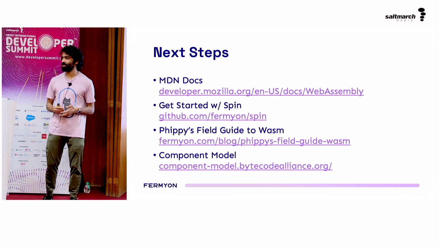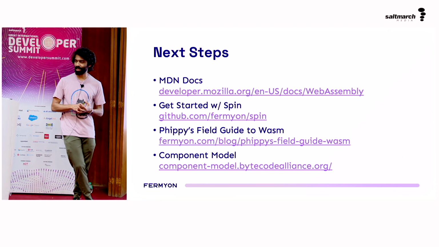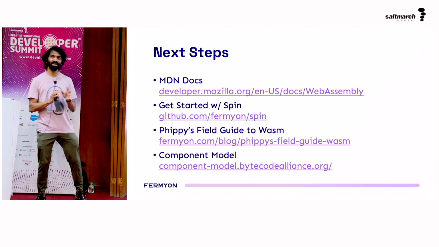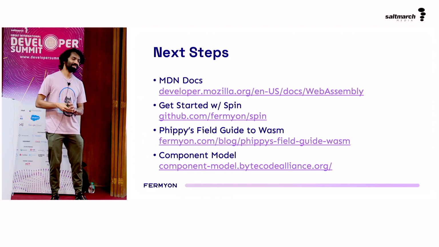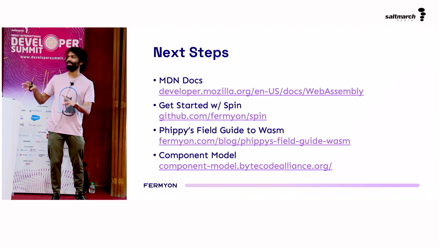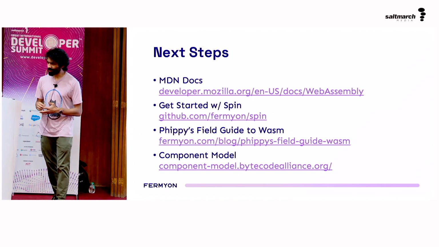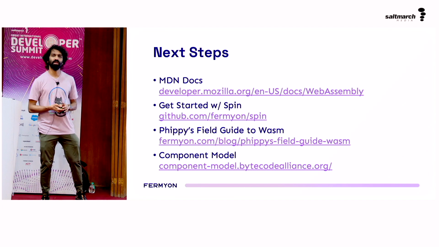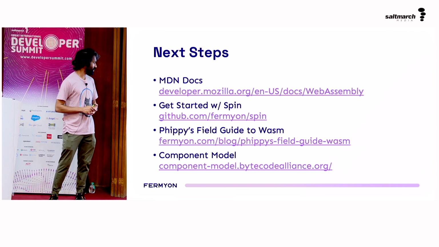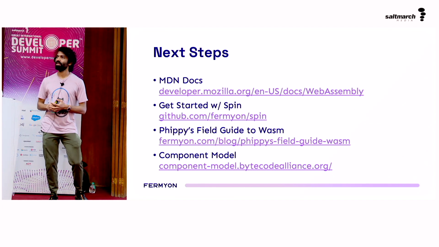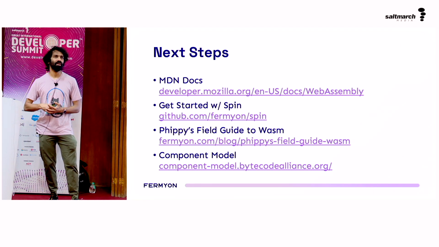It's open source, github.com/fermion/spin. If you want to read a children's book about WebAssembly, yes, it is a children's book with illustrations and funny characters, there's Fippy's Field Guide to WASM. Or if you want to look at the future of WebAssembly, check out the component model, and how it works and how it will be executed, and you can also play around with it.